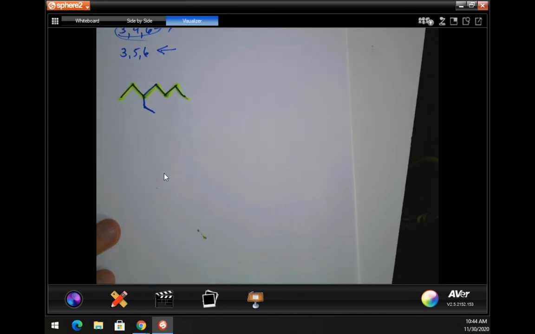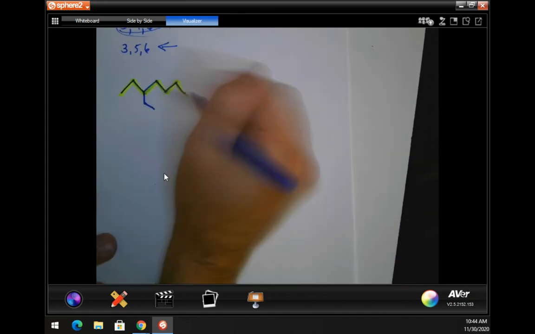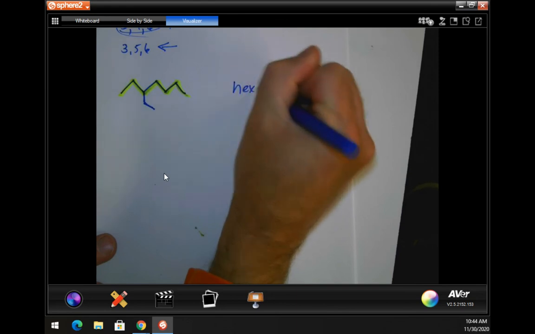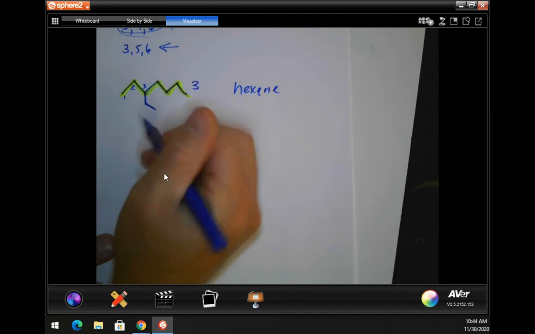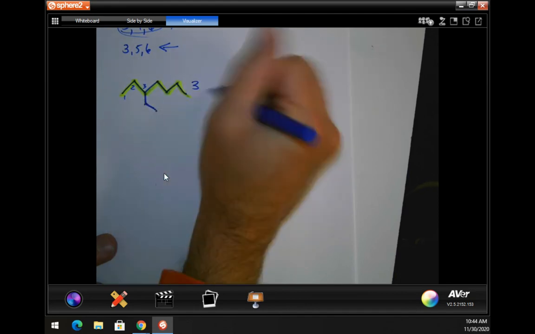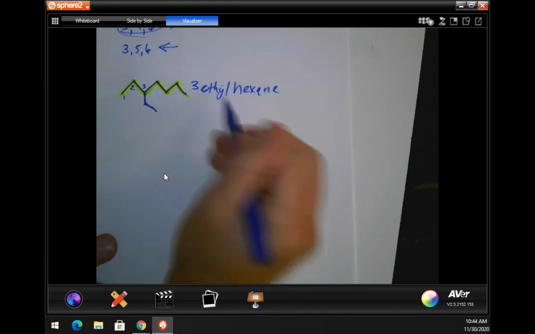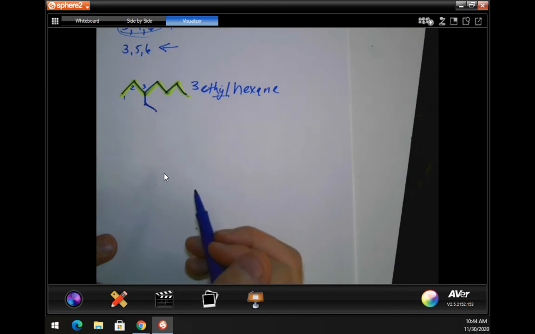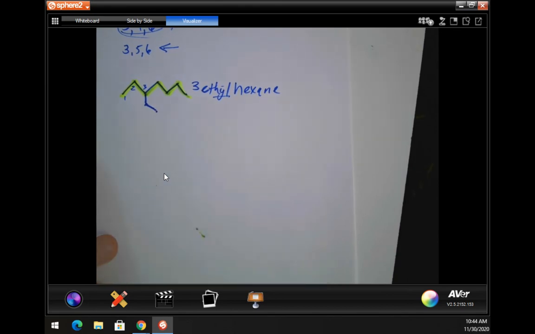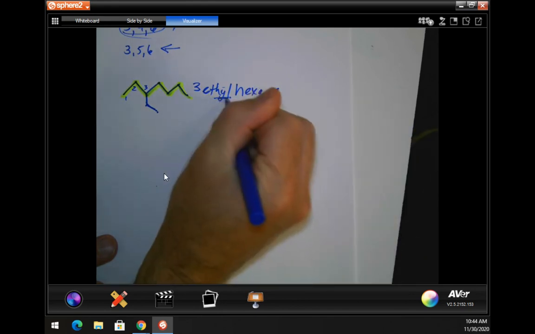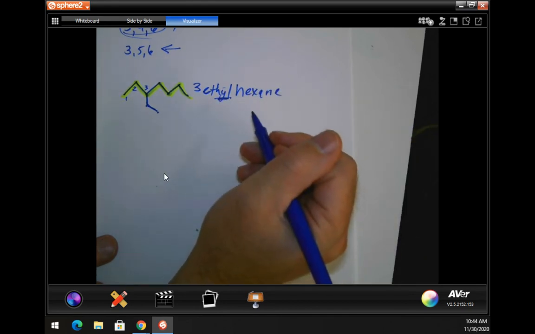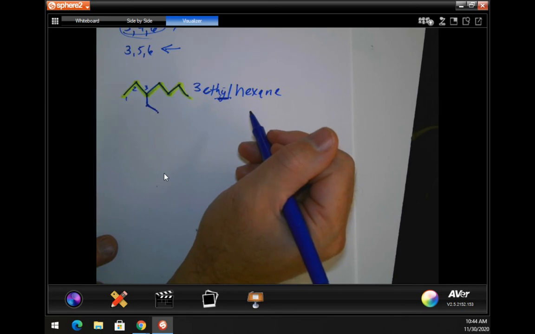And we're going to say that they're all single bonds. So it's hexane. And off of the third one, I've got 1, 2, so it's ethyl. If I have an alkane hanging off another alkane, it's called an alkyl, so it ends in YL. Alkyls are alkanes that act as functional groups or replacements for the hydrogens.